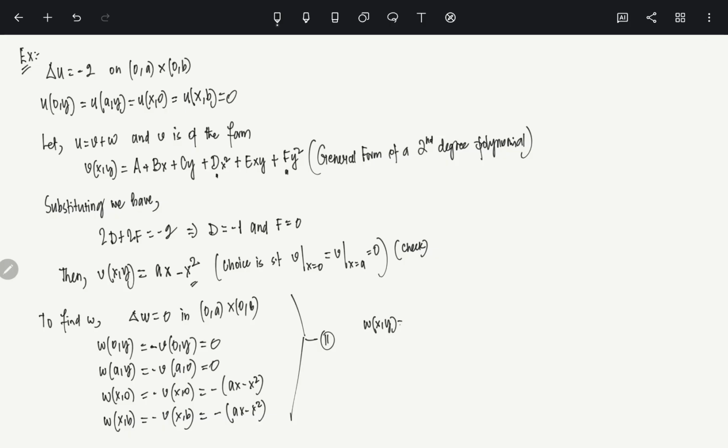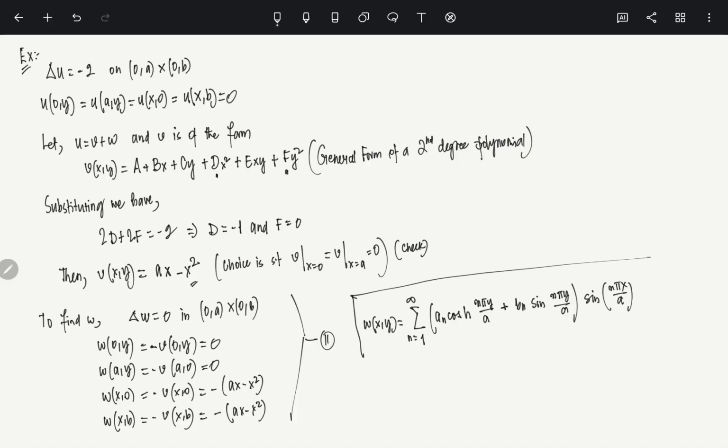W of (x,y) will be the summation n equals 1 to infinity of an cosh(n pi y by a) plus bn sinh(n pi y by a), and then sin(n pi x by a). Is it okay? So this you have to check. Please check it yourself that this is the solution of this problem. I am not doing this because this is essentially the separation of variables which we already did.